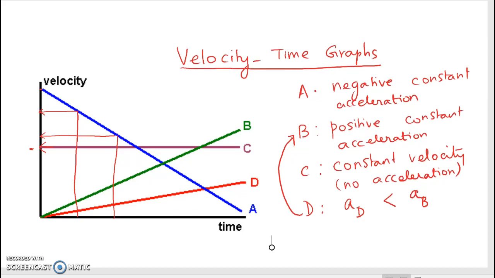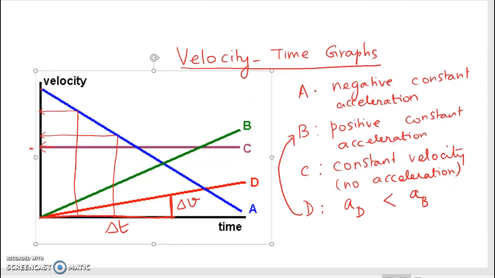Couldn't we have found that if we understood that the slope of the plot represents acceleration? If we take the slope of D, the slope represents change in velocity, which is the y variable, over change in time, which is the x variable.